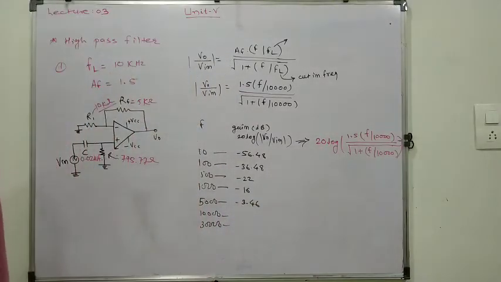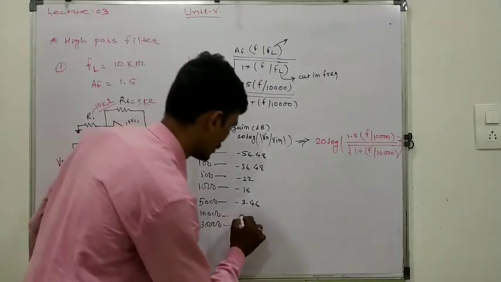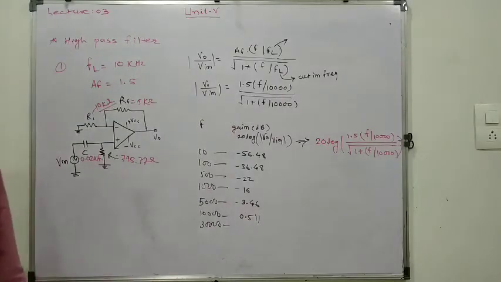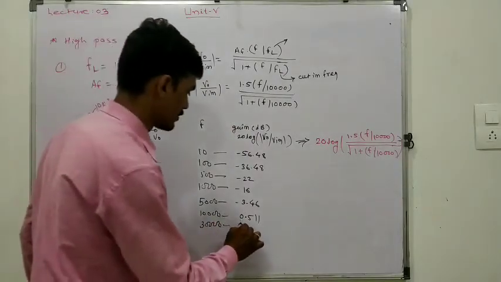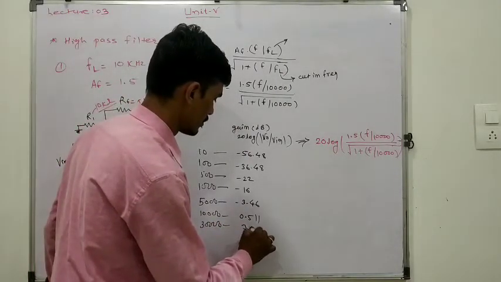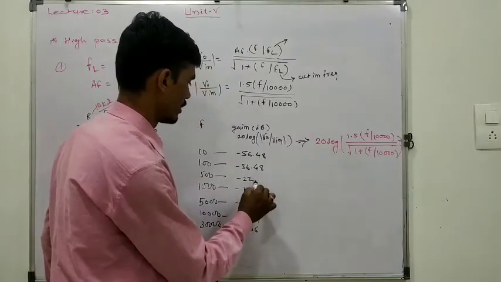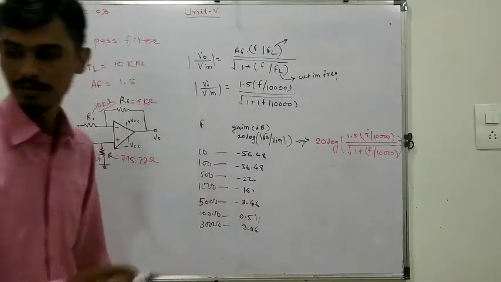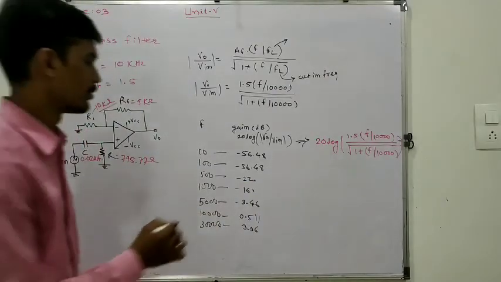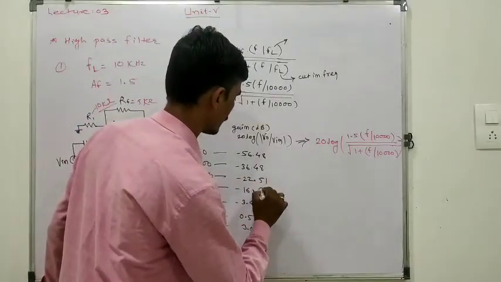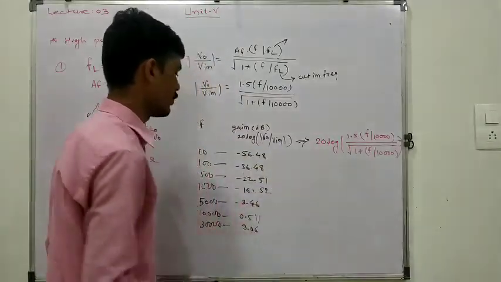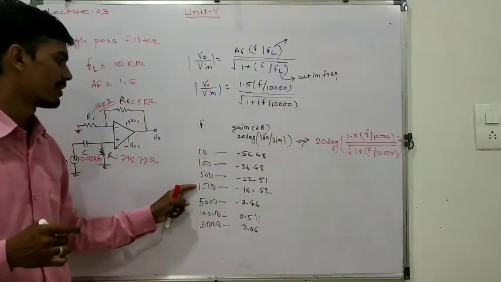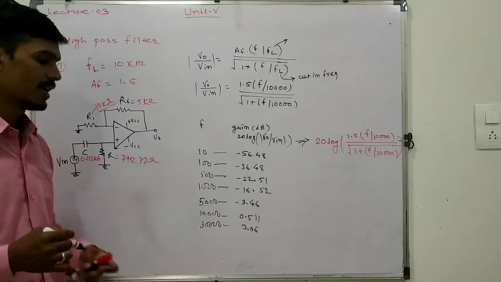Then we get a positive gain, 0.511, and then 3.06. So these are the values we get if we replace F by 10, 100, 500, 1000, 5000, 10,000 and 30k.